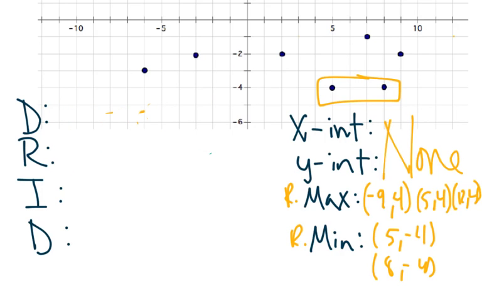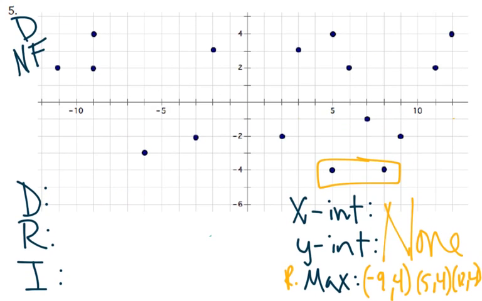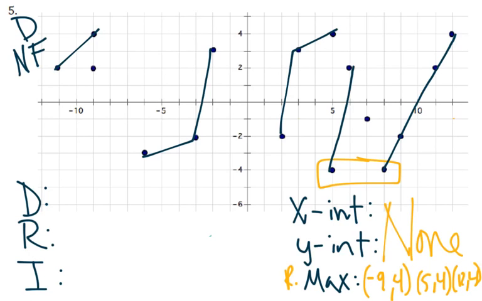Because it's all over the place. So we increase here, we increase here, we increase here, I increase here, and increase here. So from -11 to -9 would be 1 increase, and I'm going to write them up here.